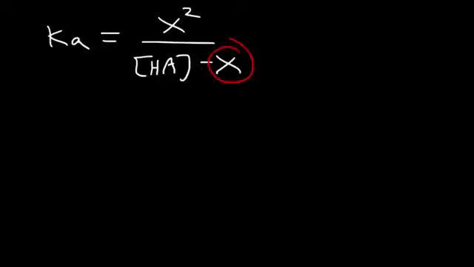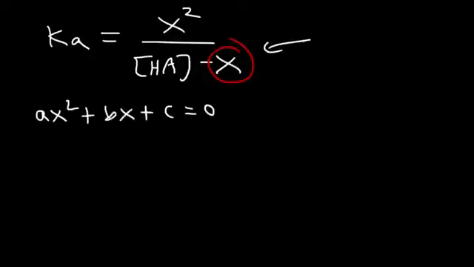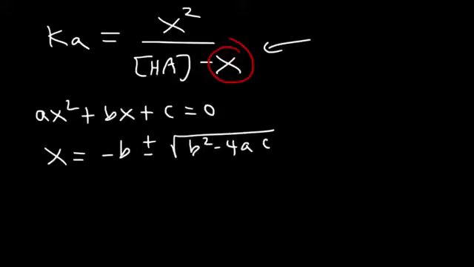If Ka is not very small, then you may have to use the quadratic formula. Once you get the equation in the form ax squared plus bx plus c, if you can't ignore this x, here's the quadratic formula that you need. It's negative b plus or minus the square root of b squared minus 4ac, divided by 2a.